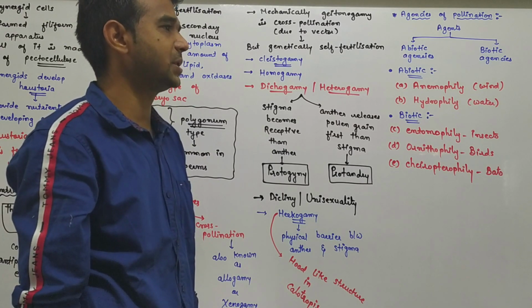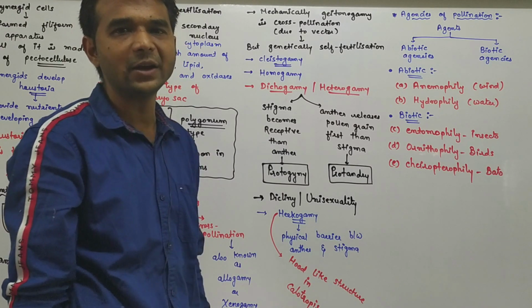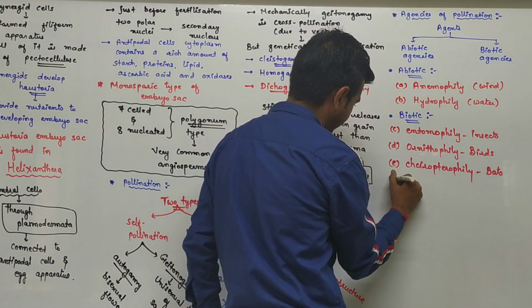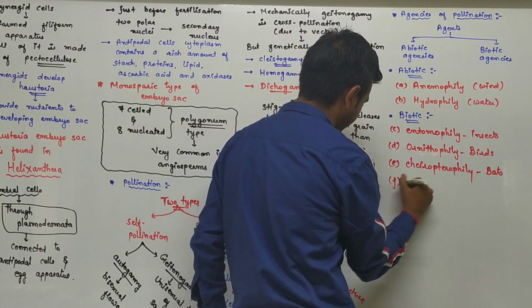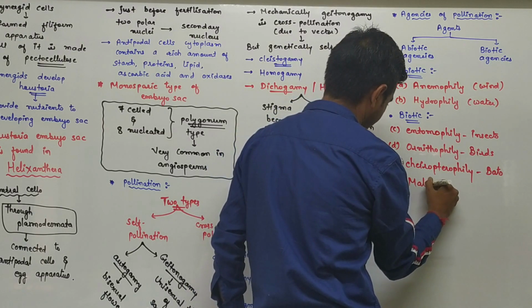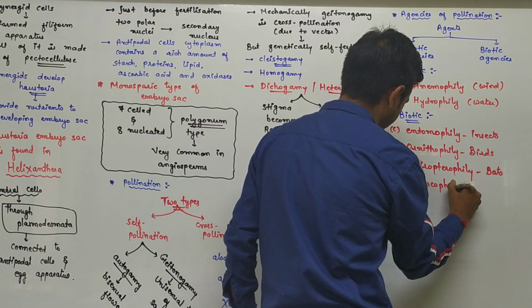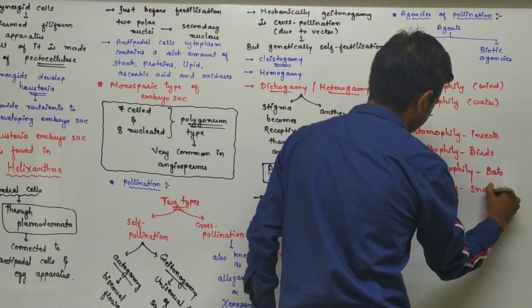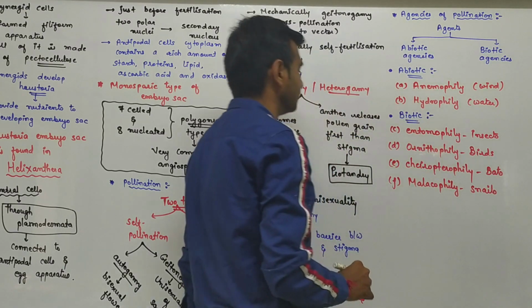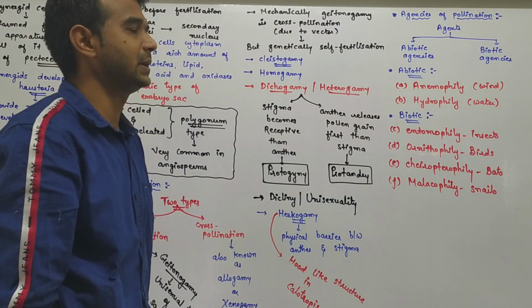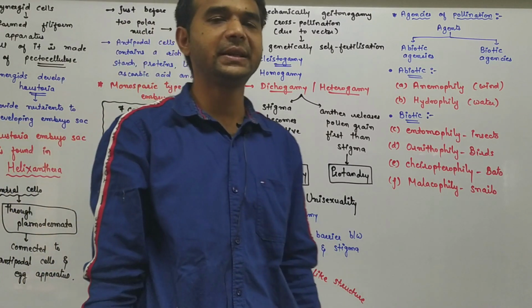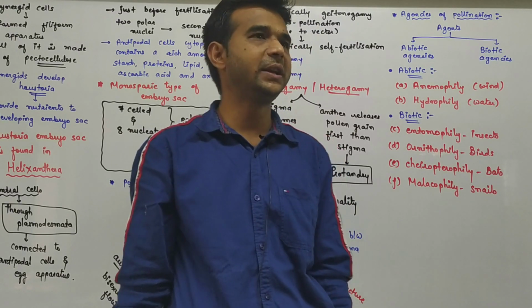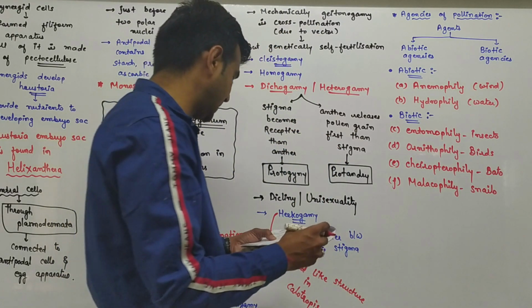If the pollination occurs through bats, it is known as chiropterophily. Snails: the study of snails is known as malacology, but pollination through snails is known as malacophily.